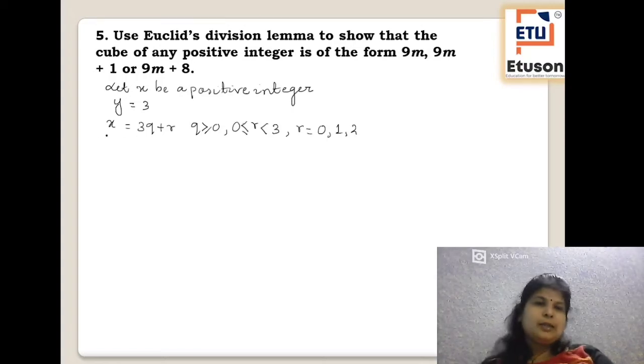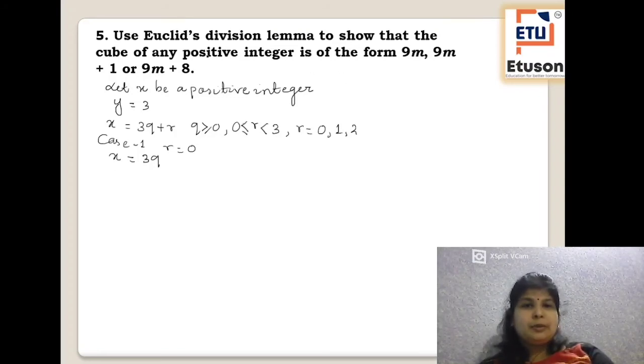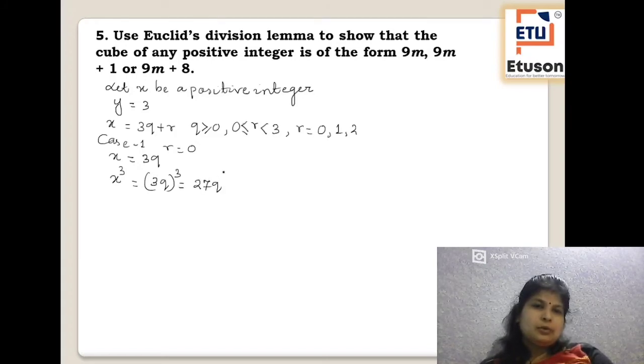So let us start with case 1. In case 1, what is the value of the remainder? Your r is equal to 0. So what will be the value of your x? x is equal to 3q. Correct or not? Now what is given in the question, you have to find out the cube of this. So let us find out the cube of both sides. So x cube is equal to 3q whole cube. So 3q whole cube means what? 3 cube is 27 into q cube, right?